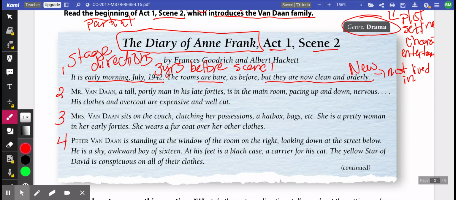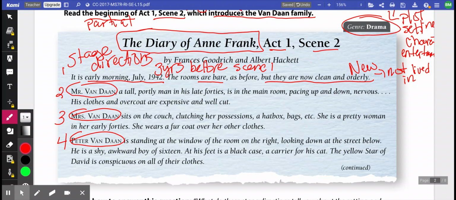All right. So then we're going to go and look at our next 3 paragraphs, go over our characters. So I'm going to go through and circle my characters real quick. I've got Mr. Van Daan, I've got Mrs. Van Daan, and I've got Peter Van Daan. Now, I'm also going to circle character traits that jump out at me about each character.